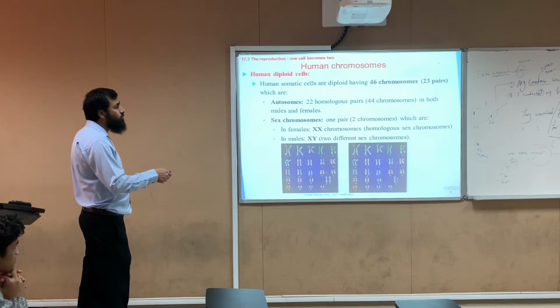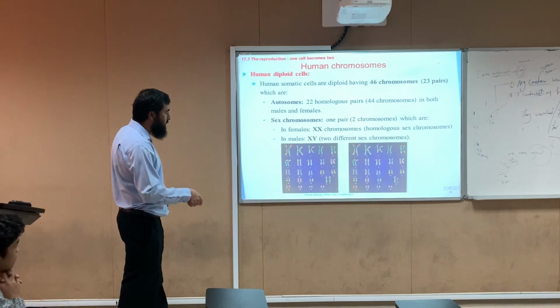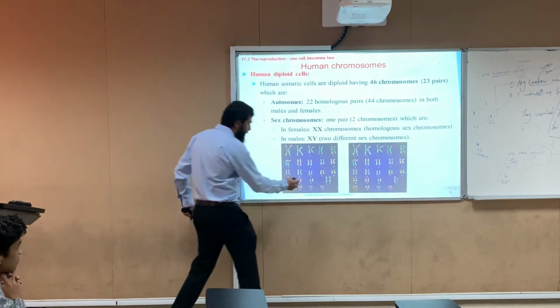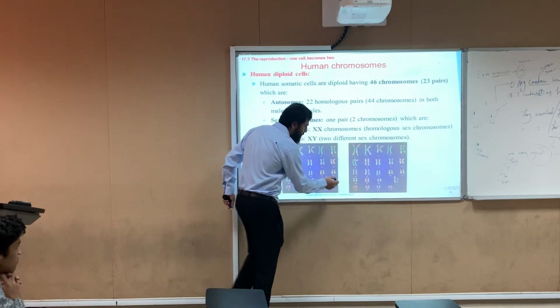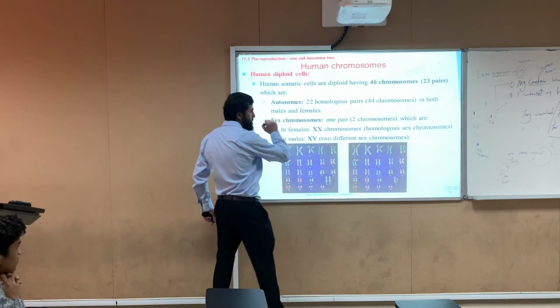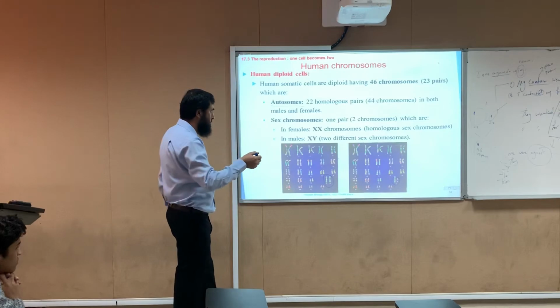The normal chromosomes, other than the sex chromosomes, we call autosomes. So the 22 pairs are known as autosomes, 44 chromosomes out of the 46.